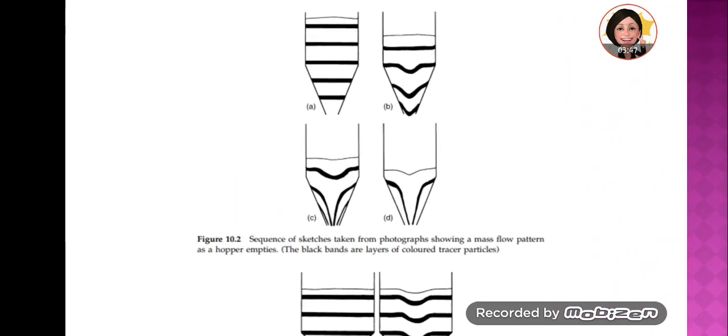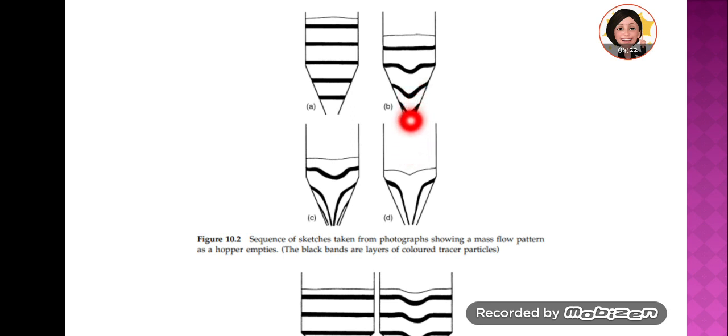In mass flow, these lines, if you notice, as they go down, move as a straight line until they reach the cone. So this is the conical part. This is called the silo, the straight one. It moves in a straight line until it reaches the conical part, and then the lower part of the material stored will be discharged first.